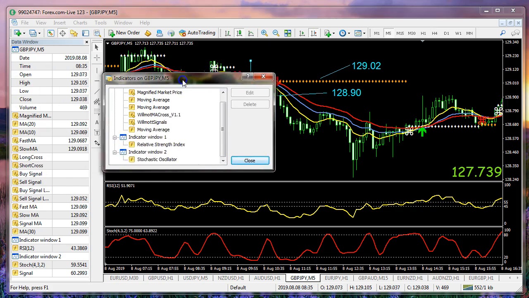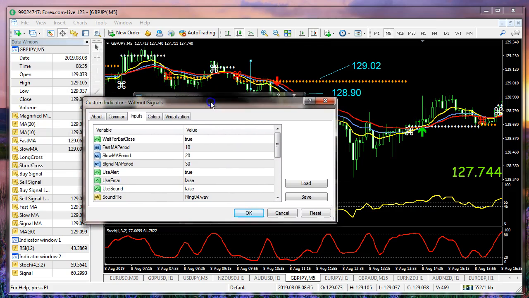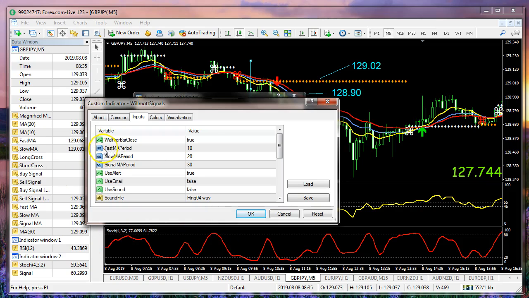We'll take a look at Willmott Signals, and we'll edit it and look at the inputs. What you can see here is that our crossover is the 10 versus the 20 slow period EMA, and our signal period, where the red arrow is drawn to the downside, is the 30 EMA.